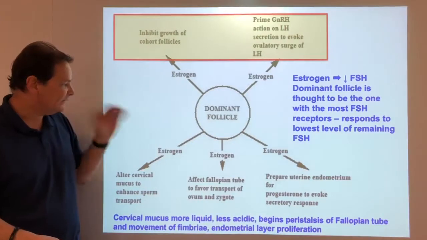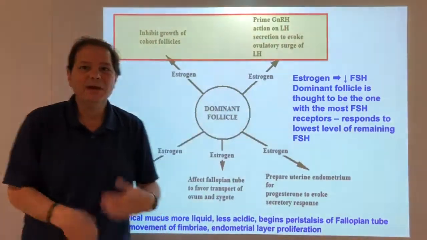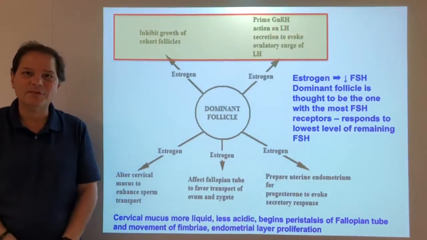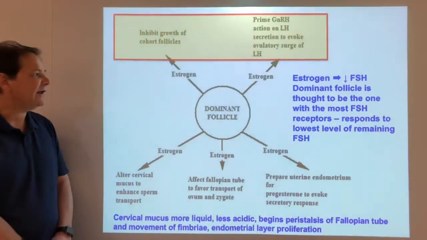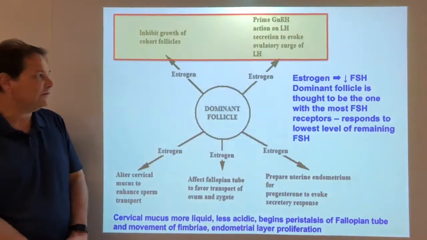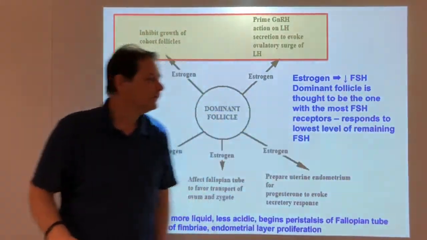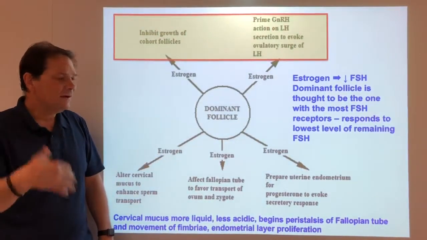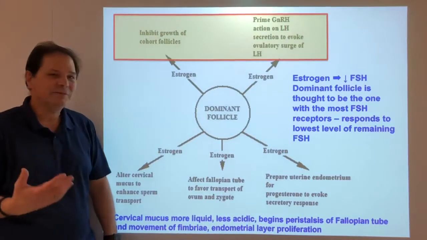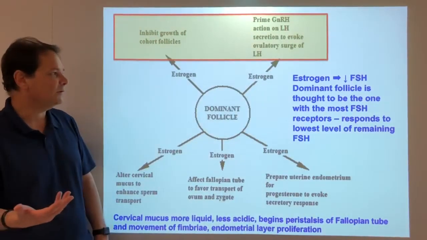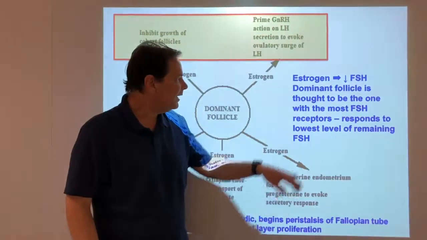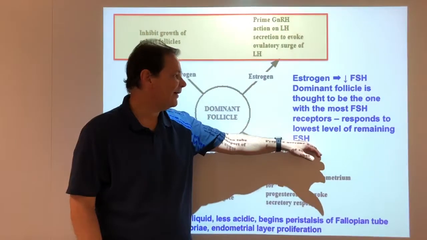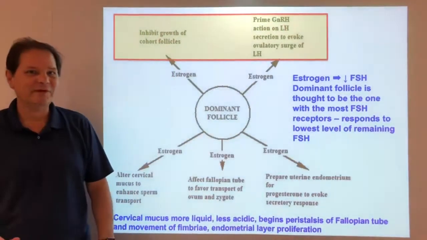So what's happening here is you're secreting more and more estrogen. And as you guys will recall, estrogen feeds back upon the hypothalamus and upon the pituitary to decrease gonadotropin secretion, FSH. So as more and more estrogen is produced by these follicles, the ability to respond to FSH becomes more and more important. So the more FSH receptors you have, the greater ability you have to respond at low levels of FSH.